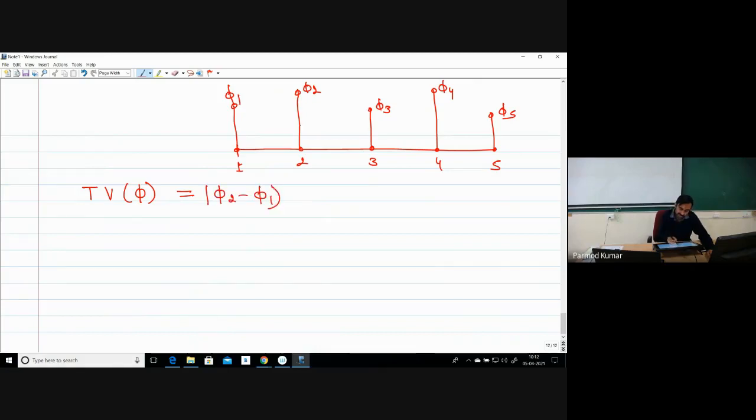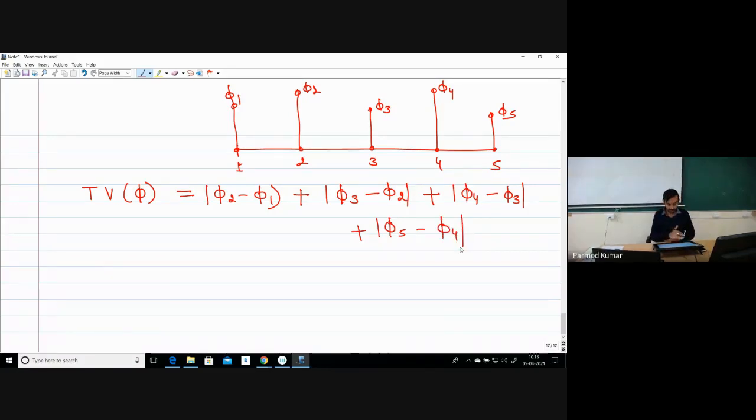So, phi 2 minus phi 1 is referring to the variation between node points 2 and 1, plus mod of phi 3 minus phi 2, plus mod of phi 4 minus phi 3, plus mod of phi 5 minus phi 4. So this is our total variation of phi over the entire domain if we are having different values of phi at any iteration.